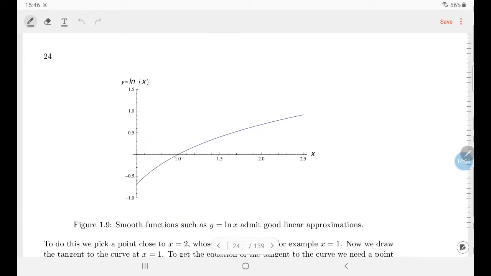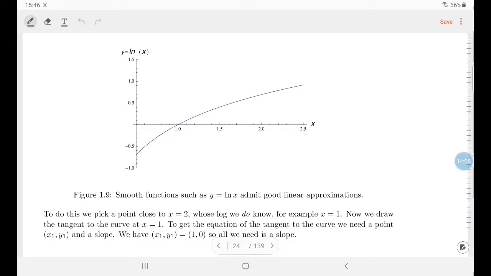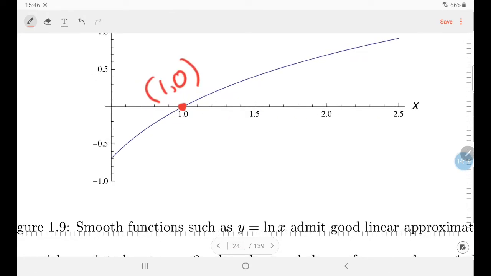Okay. So here we've got a graph of y equal to log of x. Now, these curves are smooth, which means that near a point that we know about, which would be this one, x equal to 1, y equal to 0, if we zoom in, and we can't really zoom in as much as I want, they look like lines.